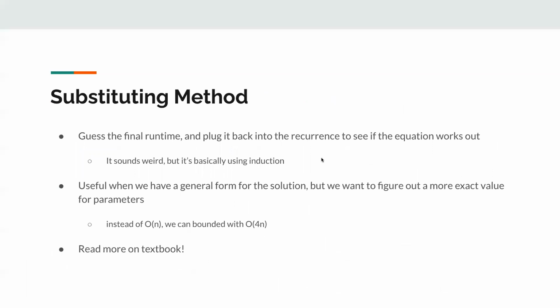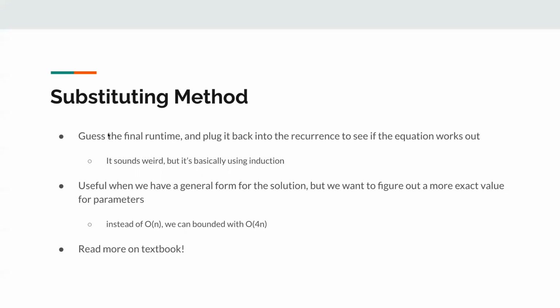There's another method called the substituting method. We won't go into detail on this method because normally it's used to get a tighter bound for those parameters. For example, instead of just stating the runtime is O of n, it's not O of 4n, it's just 4n. So instead of bounding the runtime to O of n, we can say this is at most 4n.